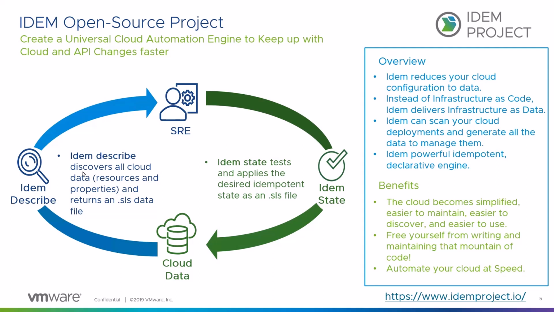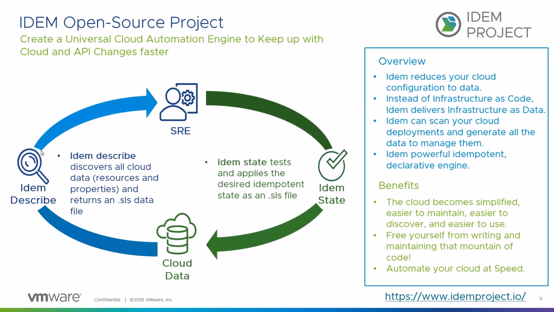Therefore, managing clouds becomes a lot more simplified, easier to maintain, easier to discover, and really easier to use, because you're not sitting there just writing code for your use case. It also frees a lot of the SREs from writing and maintaining, like I mentioned, mountains of code, which allows you to automate your cloud at speed.